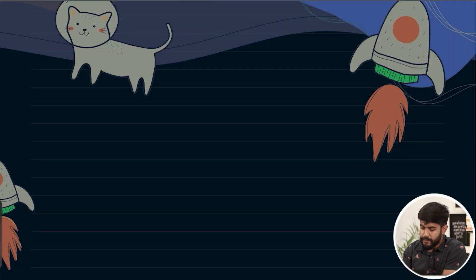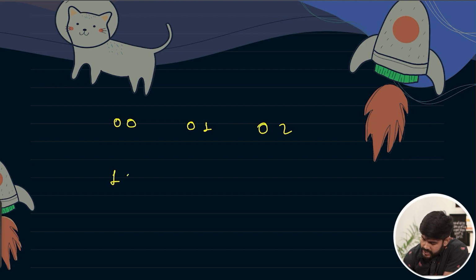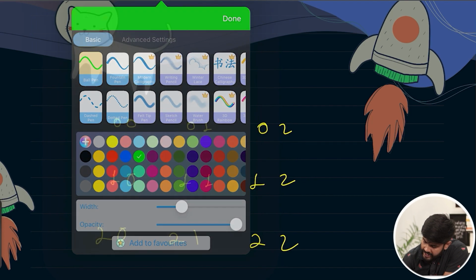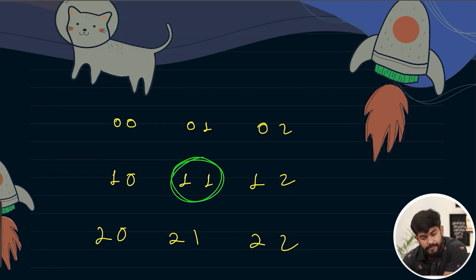Okay, so what you basically need to do in this problem is, let's visualize if a particular element, let's say the addresses are 00, 01, 02, 10, 11, 12, 20, 21, and 22. Let's say the value at this address is 1.